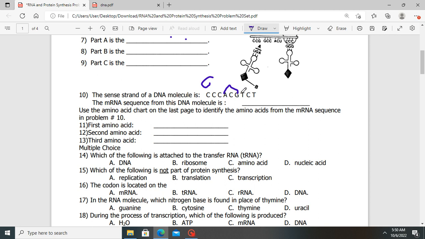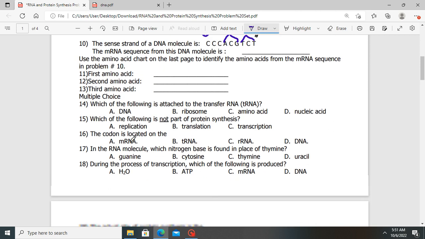Then AGA corresponds to arginine. So the first is glycine, the second is cysteine, then the third is arginine. So that's how to read codons on the codon chart.